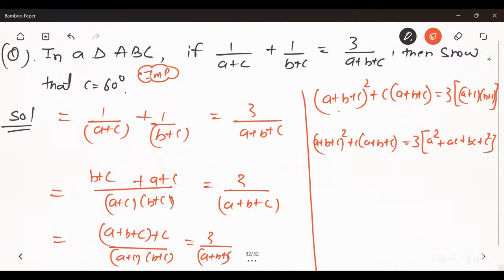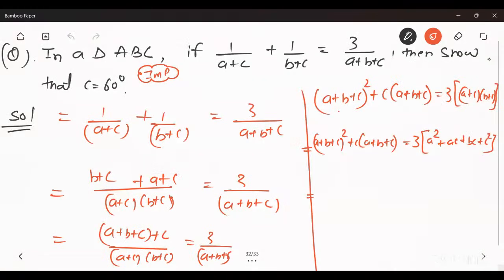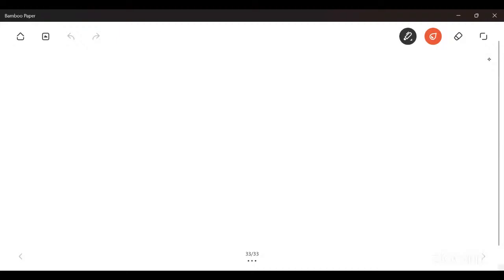Now if you open the formula, A plus B plus C whole square plus C times of A plus B plus C equals 3 times of A square plus AC plus BC plus C square.